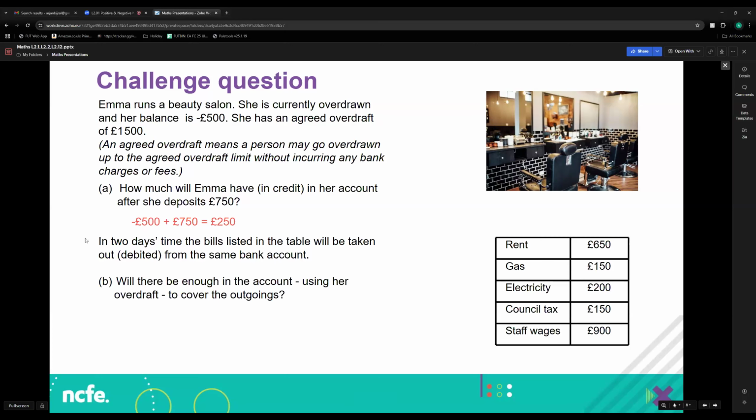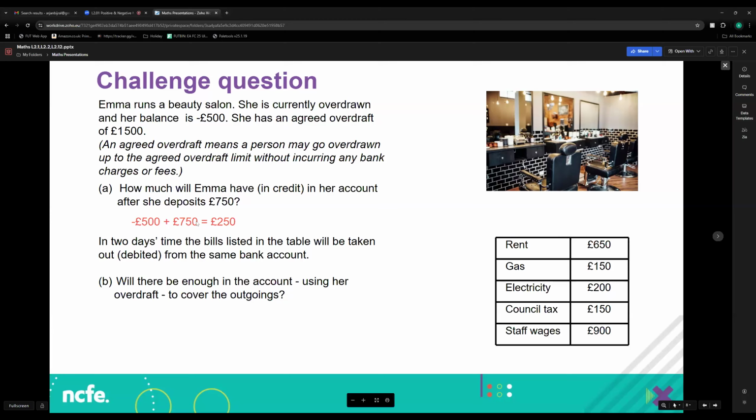Okay, so we have another question now. In 2 days' time, the bills listed in the table will be taken out from the same bank account. Will there be enough in the account using her overdraft to cover the outgoings? So, Asad, we have some bills here that Emma's going to have to pay for her salon.